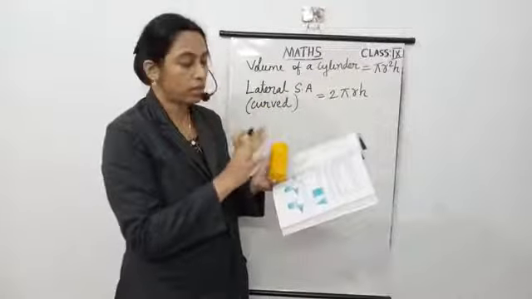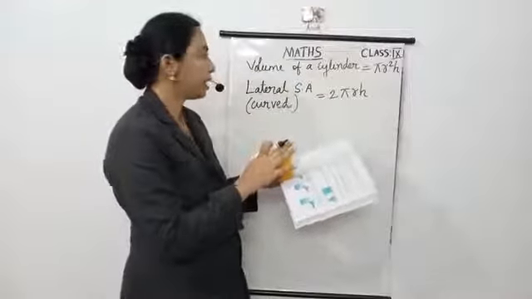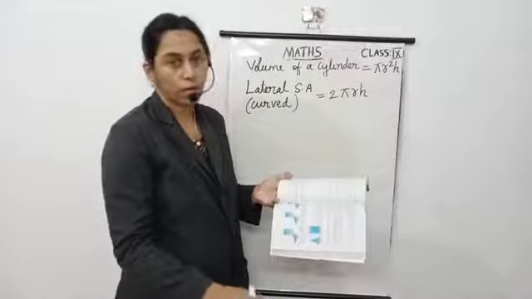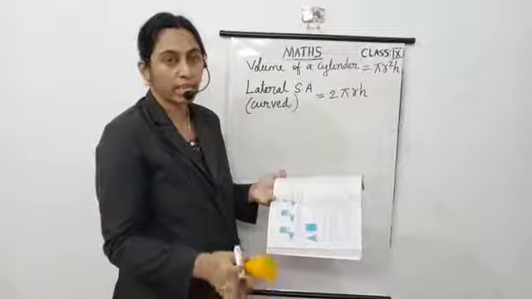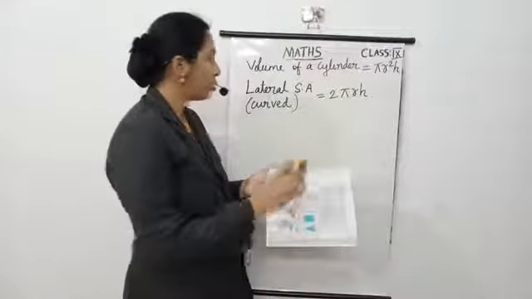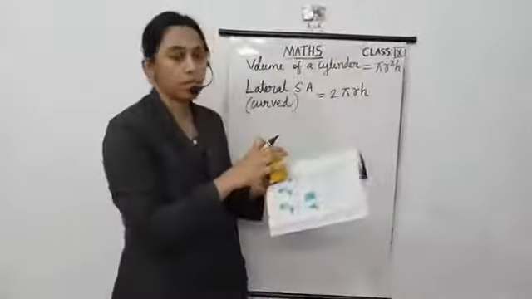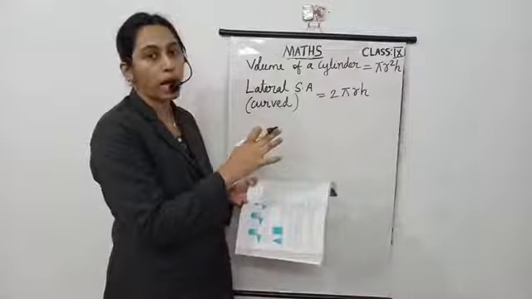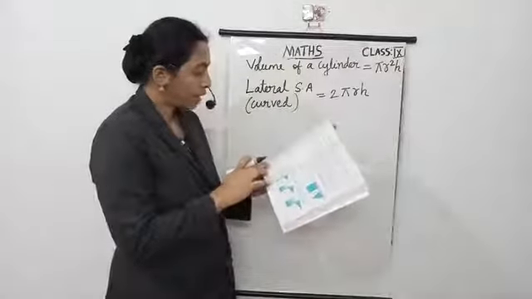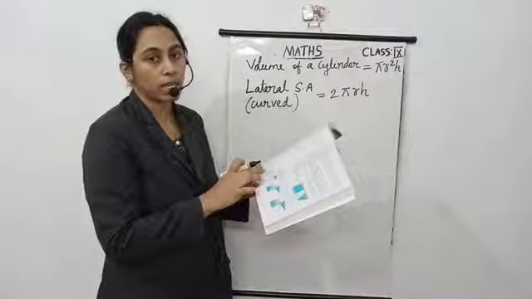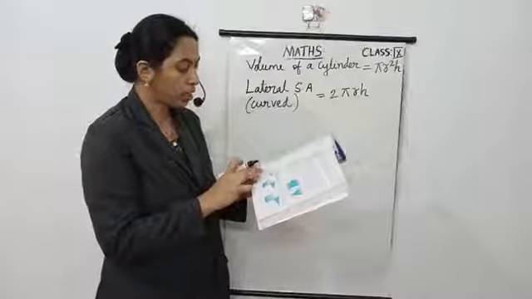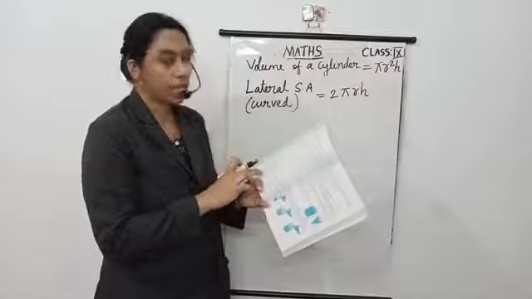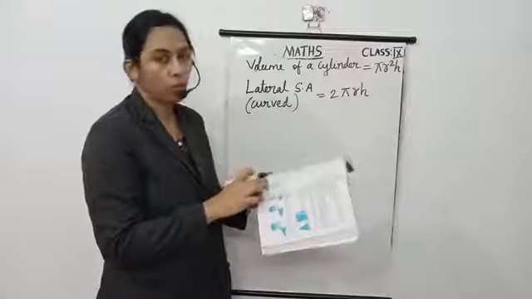We already learned curved surface area is 2 pi r h in the previous topic. Do you remember? We already learned in this chapter only. Okay. So lateral surface area is the curved surface area itself and its formula is 2 pi r h. Now given lateral surface area of a cylinder is 94.2 and height 5 centimeter. We need to find the radius, then find its volume.